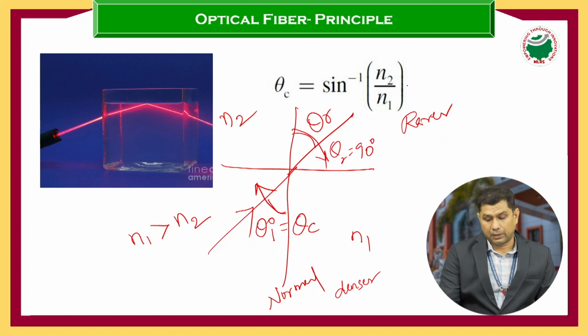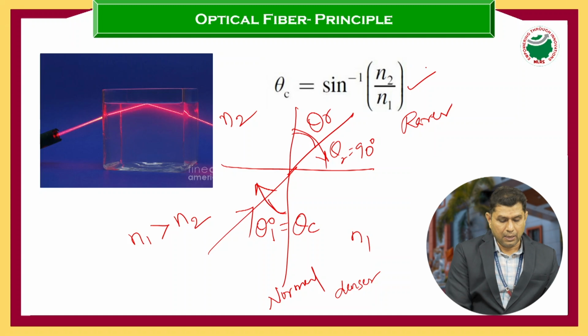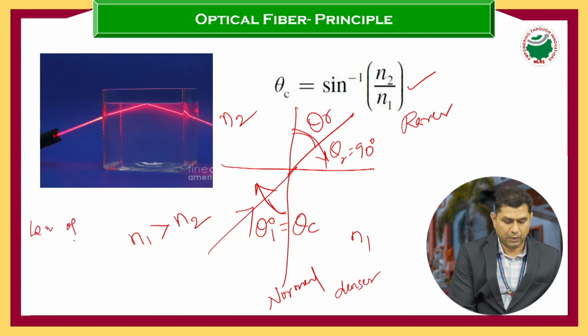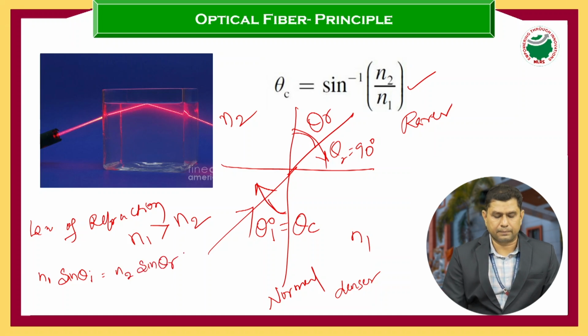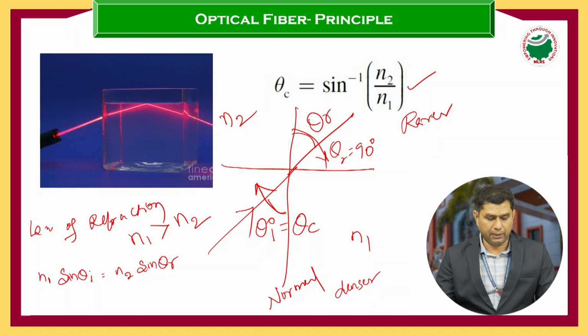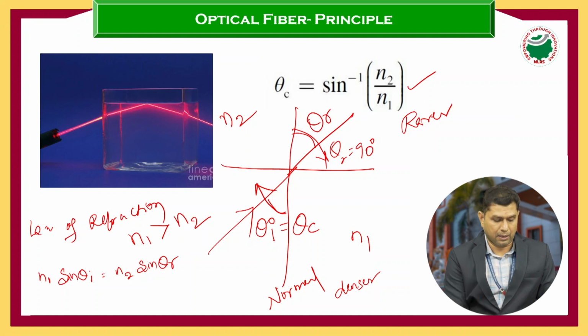For this, I want to derive this equation. I am applying the law of refraction. According to the law of refraction, n1 sin theta i equals n2 sin theta r. At theta i equals theta c, theta r equals how much? 90 degrees.